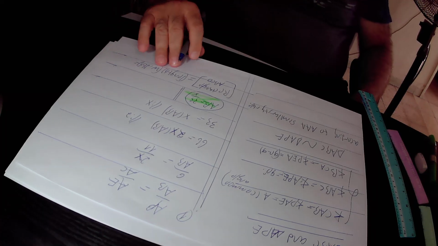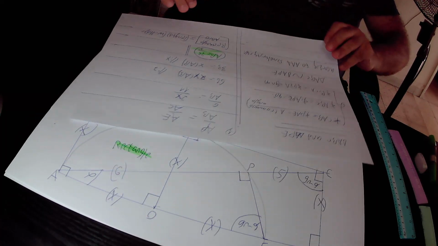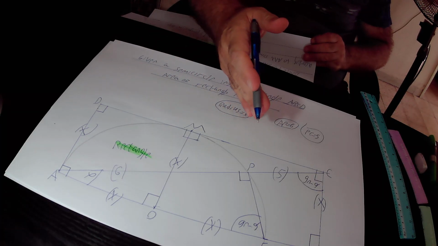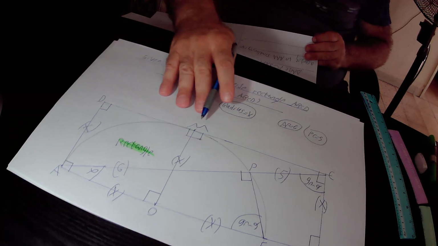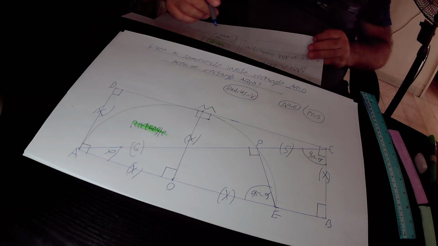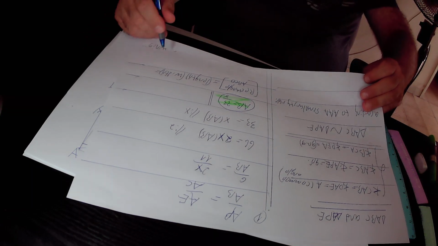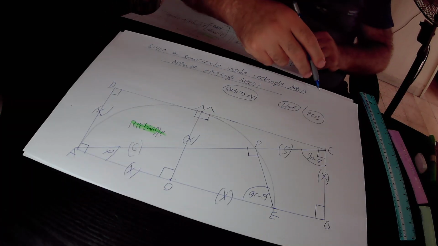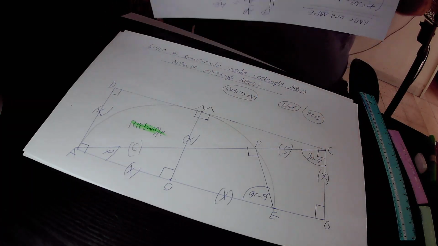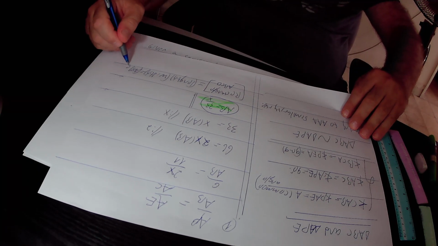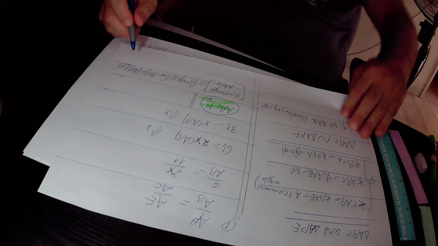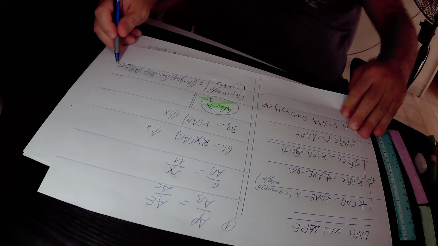Therefore, the area of this rectangle ABCD must be equal to the length times the width. The length of this rectangle ABCD is AB, and the width is CB. So in total, the area of rectangle ABCD must be equal to AB times CB.